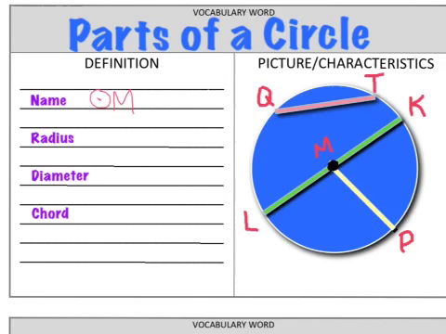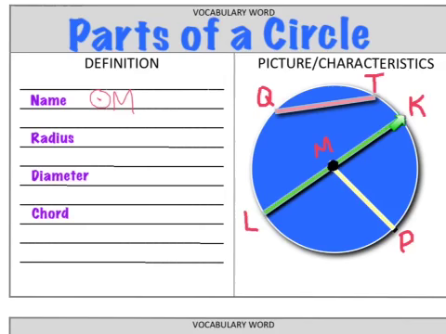Next thing is the radius. The radius is the length from the center to the outside of the circle. So MK is a radius. So is ML, and so is MP. So there's actually 3 radii.